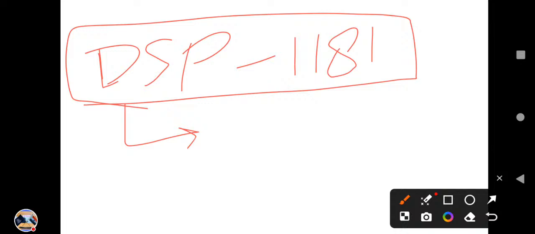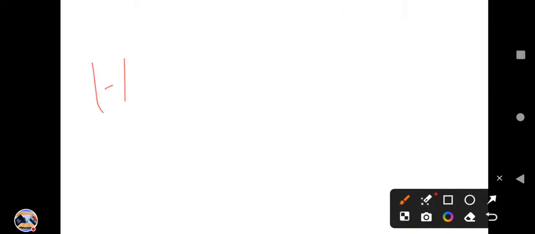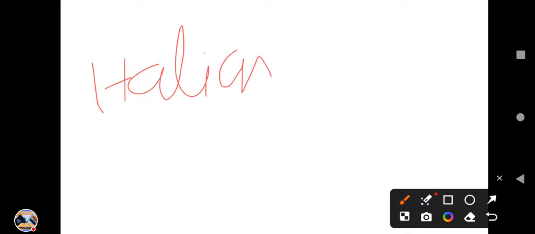Next is halicin, also a new drug, which is used against antibiotic resistance.